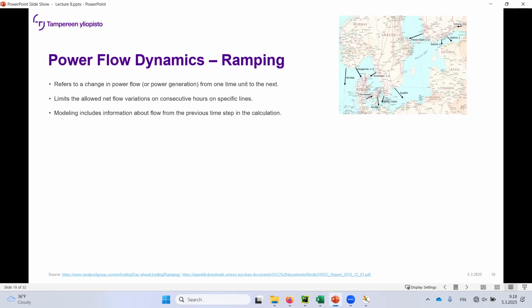So in this modeling, it would include information about flow from the previous time step in the calculation. So you know the transfer line power was this much, and now it's this much. Okay, it goes. So it doesn't necessarily exceed the flow amount that's being allowed in the line. But if the change is too fast, then that's not allowed.